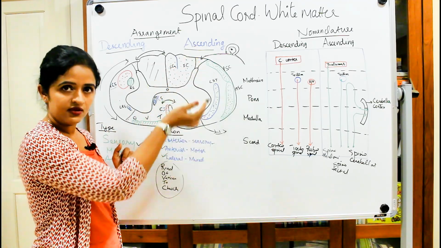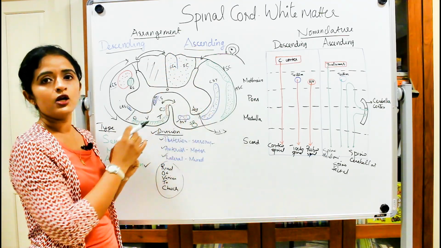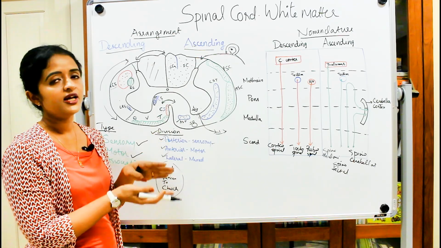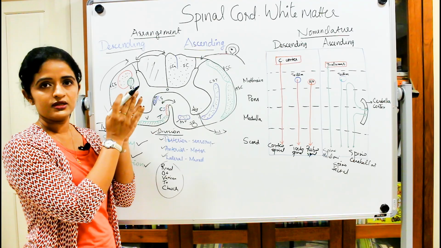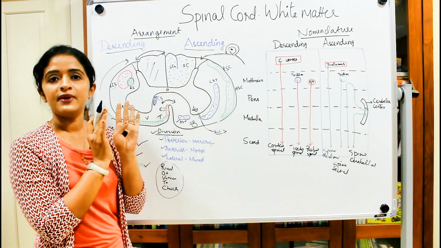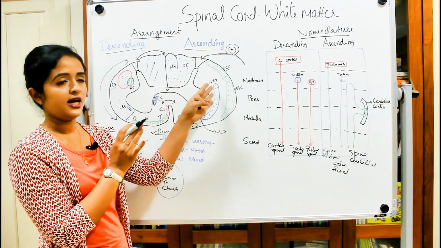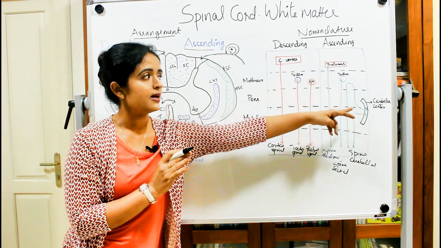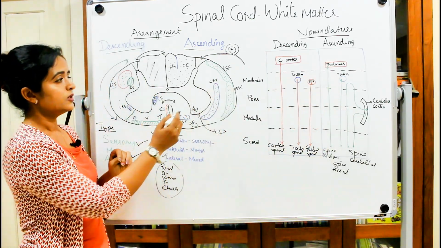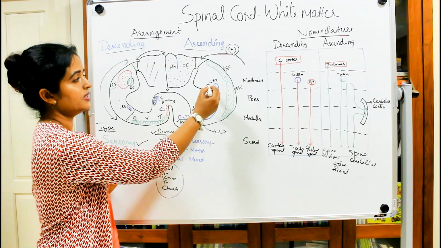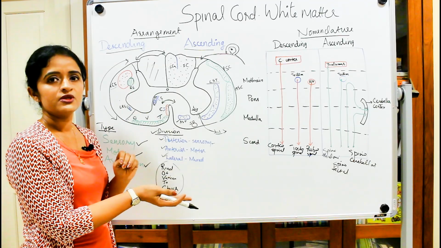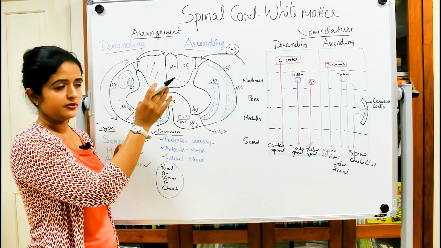They are the ascending fibers. So which are the sensory column you have? Sensory fibers will be starting from the spinal cord and they will be ending in the higher centers. So the sensory fibers are mainly ending in the thalamus as well as cerebellum. We have seen it here, the thalamus and cerebellum. So let's name it. This is the lateral spinothalamic tract. It starts from the spinal cord and ends in the thalamus.